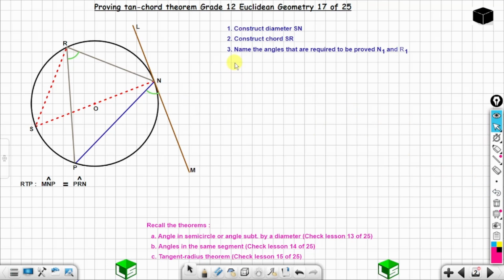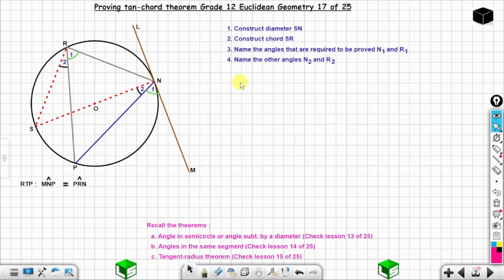So now let's name the angles. The angles required to be proved are N1 and R1. This is N1 and this is R1. Now name the other angles: this one you call N2, this one you call R2.